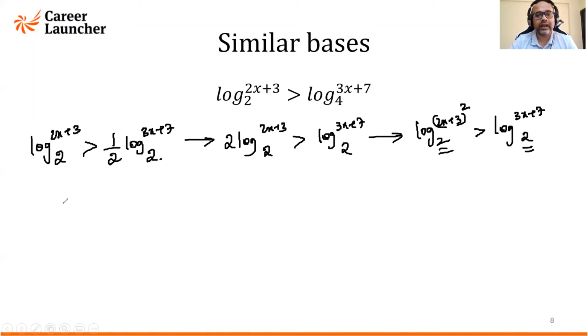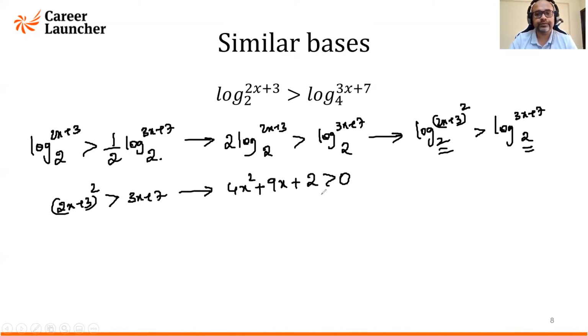I can straight away write 2x plus 3 whole square should be greater than 3x plus 7. If you expand it, I'll get 4x square plus 12x plus 9 minus 3x minus 7 greater than 0.